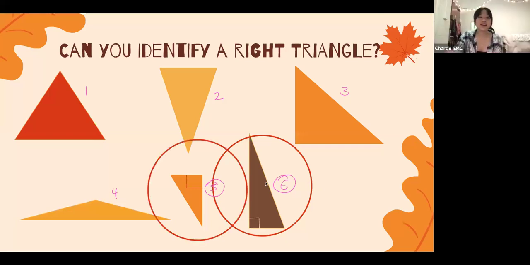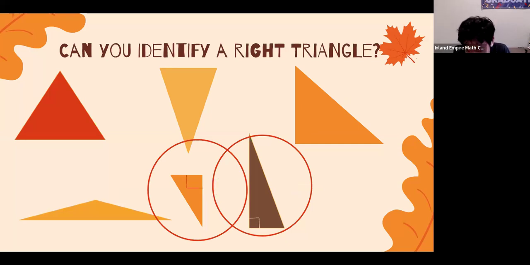In the last slide, I was explaining how a right triangle in a graph will always have that little square symbol. This was kind of mean because 3 looks like a right triangle, but we didn't add the little square in the corner. So technically it's not a 90-degree triangle, because diagrams don't always have to be drawn to scale. When people draw diagrams, it's very hard to distinguish between 90 degrees and 91 degrees.